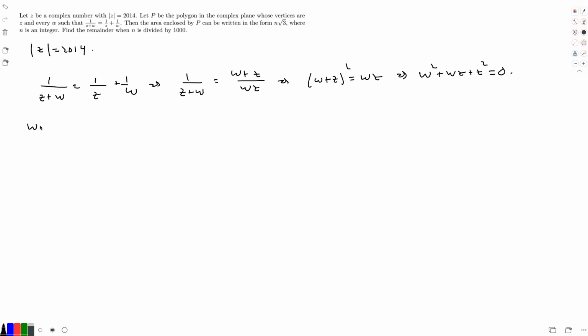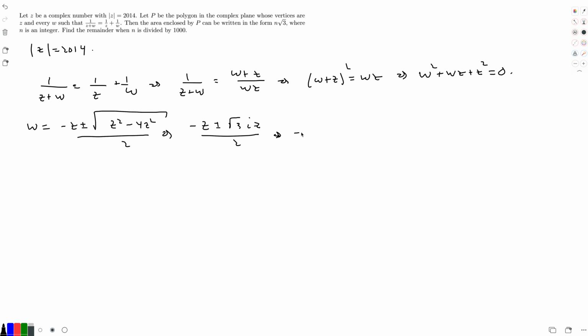So w is equal to negative z plus or minus the square root of z squared minus 4z squared, over 2. Okay, I'm liking this. This is negative 3z squared. This can be written as negative 1 times 3 times z squared under the root, which is root 3 iz. So this can be written as negative z plus or minus root 3 iz over 2.